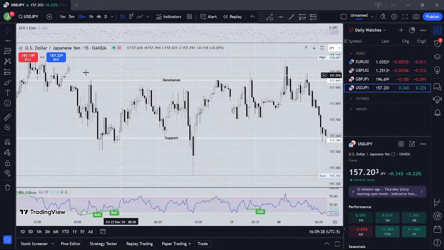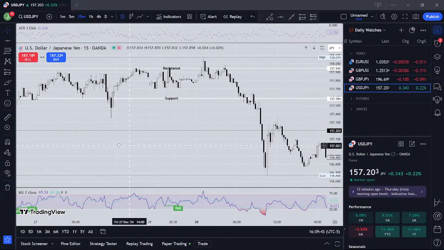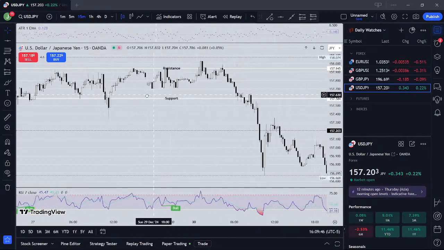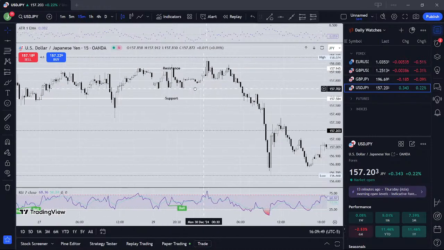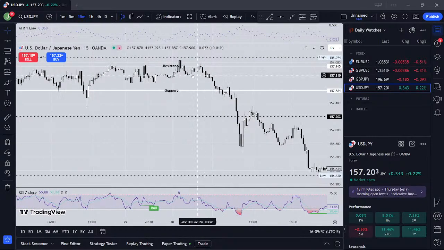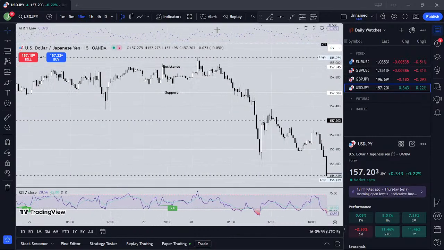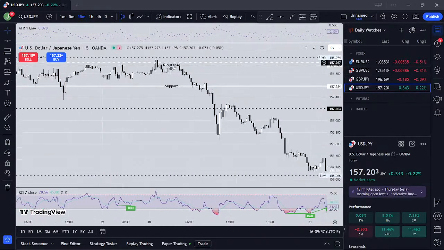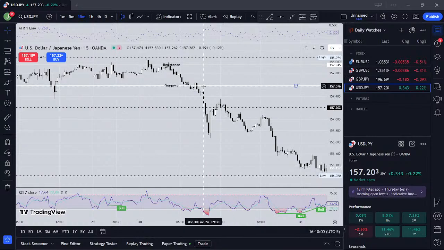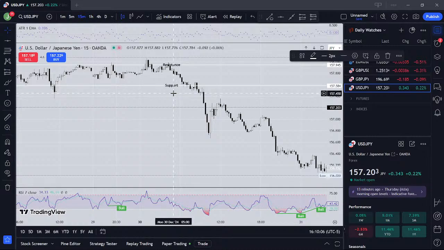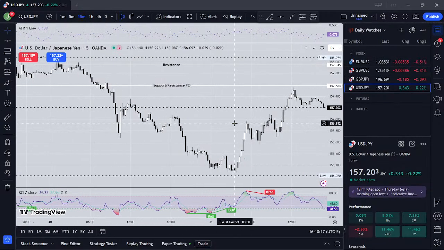So you can see the market consolidating in this range, broke down here. Still consolidating, went above this. Came back, retouched, then just broke down the support. So this becomes our new resistance.